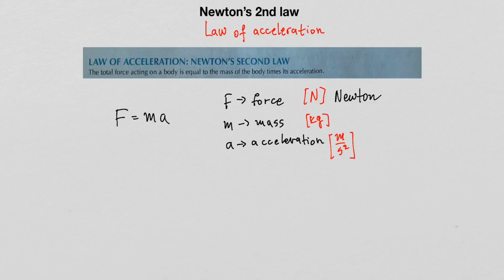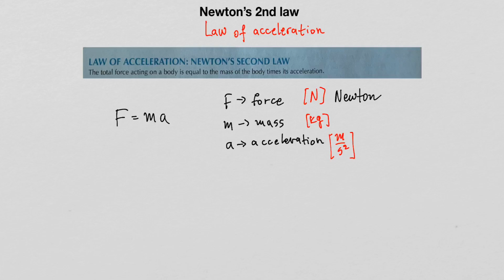Now let's look at the units. So in the metric system, force is measured in newtons, and that is a derived unit, something that I talked about in chapter 1, the physics toolkit.